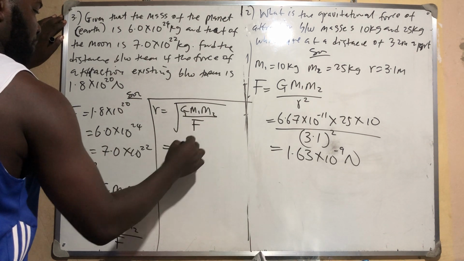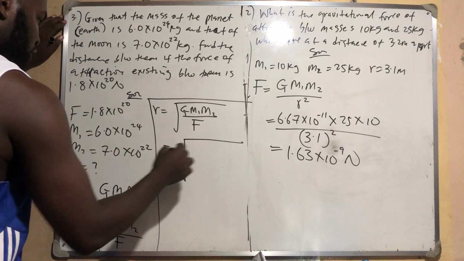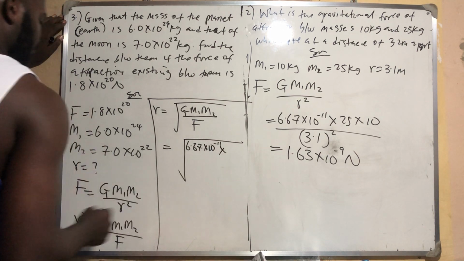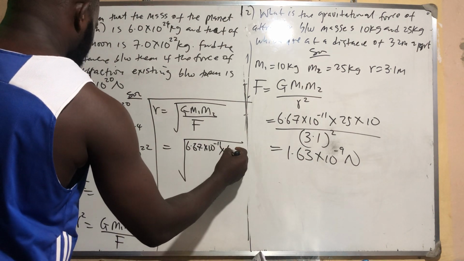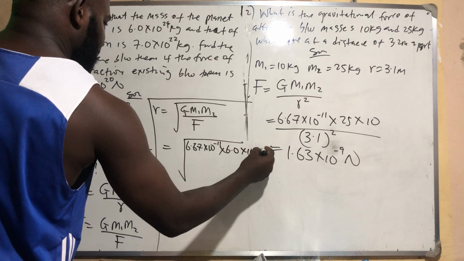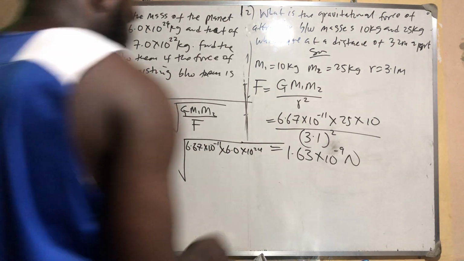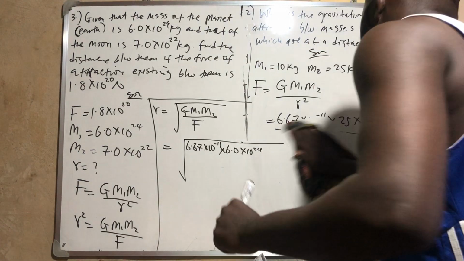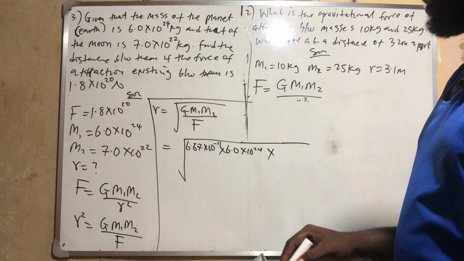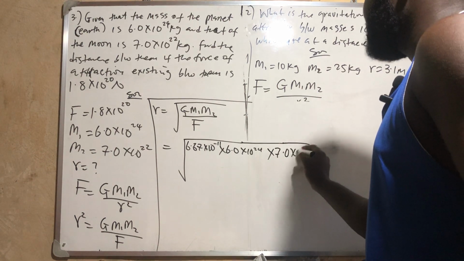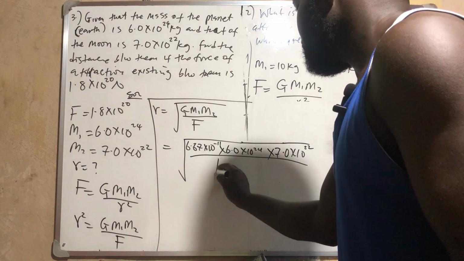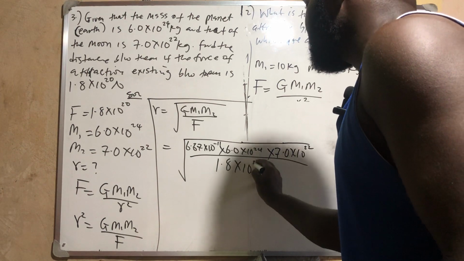So if you now put everything here, your G is always 6.67 times 10 raised to power minus 11, times your first mass there, which is 6.0 times 10 raised to power 24, times the next mass there, which is 7.0 times 10 raised to power 22, all over your force, which is 1.8 times 10 raised to power 20.